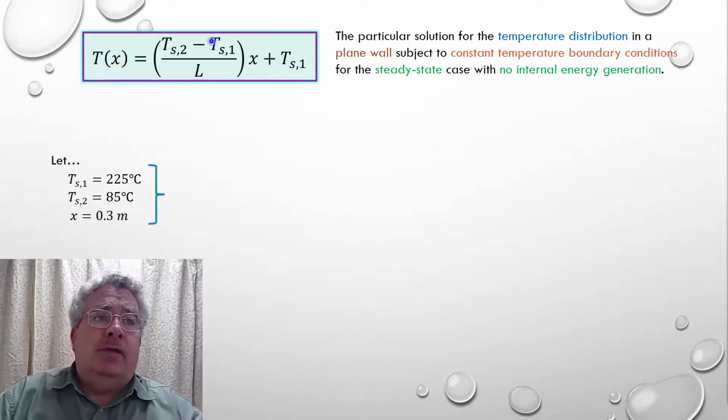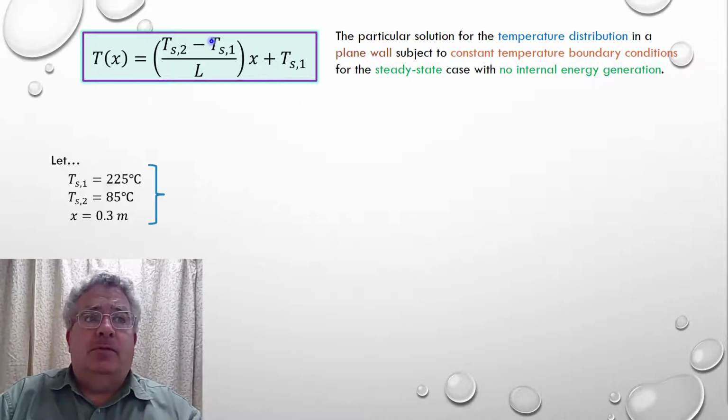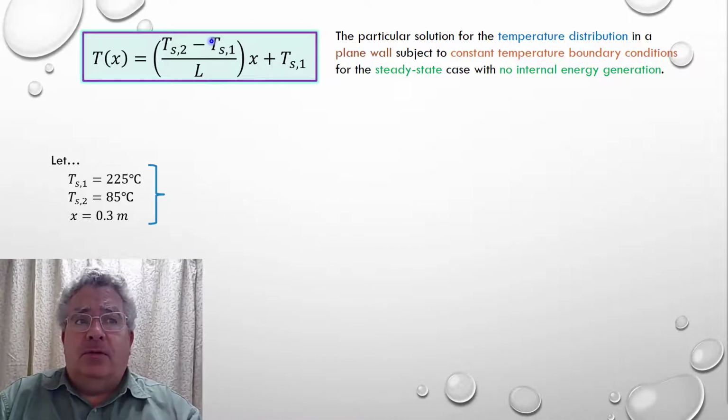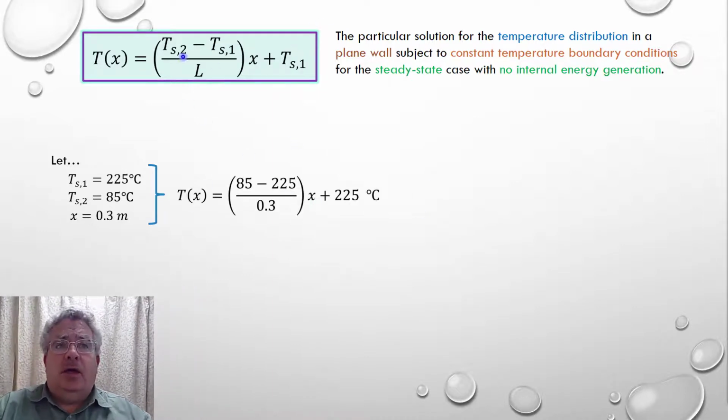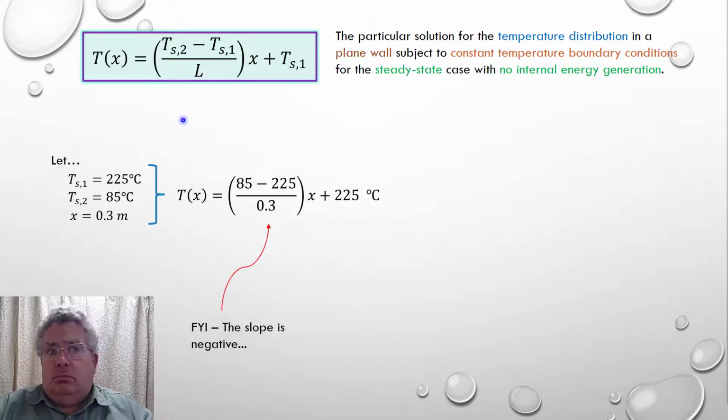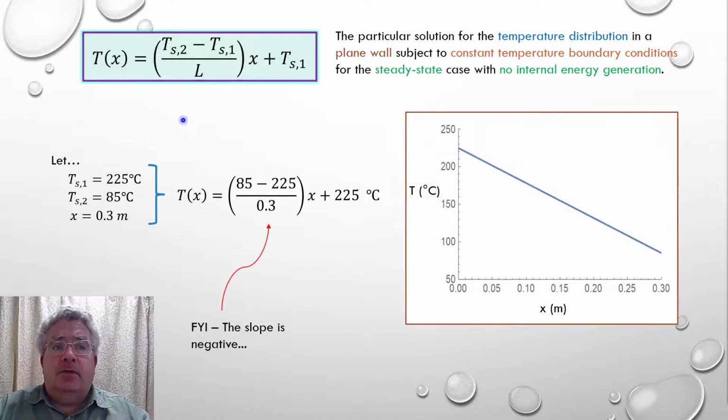In this case, I can now assign some values. Let Ts1 equal 225 degrees C, Ts2 equal 85 degrees C, and the thickness of the wall be 0.3 meters. We plug it all into our particular solution and end up with an expression for T. Just to point out, the slope is negative here. This is exactly what the temperature profile would look like in the wall.